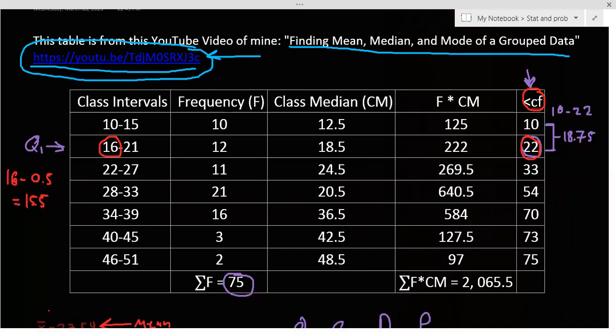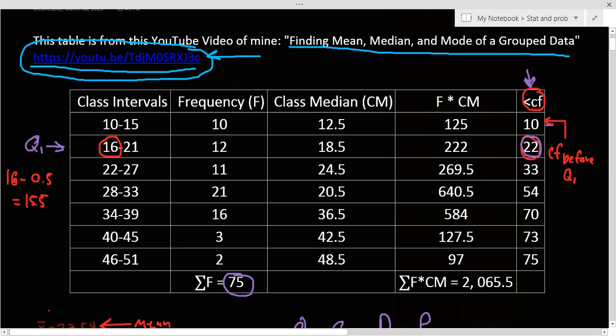Ngayon, what comes before 22? So it's 10, di ba? It's 10. So itong si 10 na to, this is actually the CF before the first quartile.